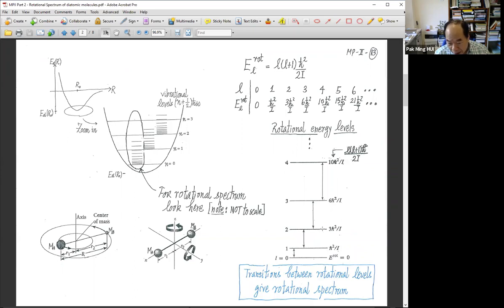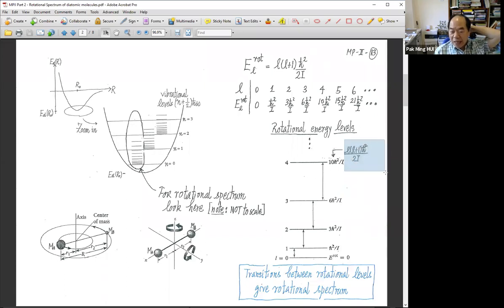The difference here is 2 units, right? So you have this 2 times, okay? And then you have 3 times, then you have 4 times. So this spacing is getting bigger and bigger in steps. That's the point, okay?